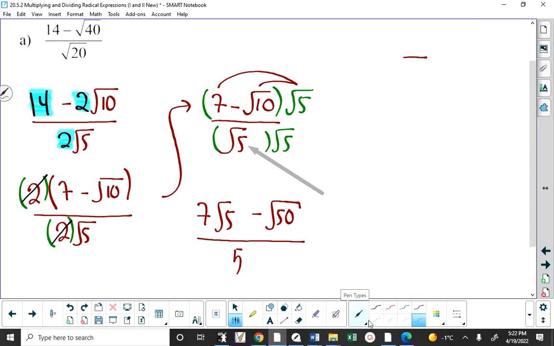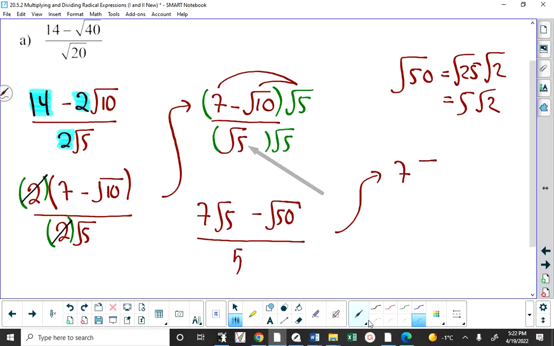That root 50 can be written as root 25 root 2, which is 5 root 2. So our actual final answer will be 7 root 5 minus 5 root 2 all over 5.